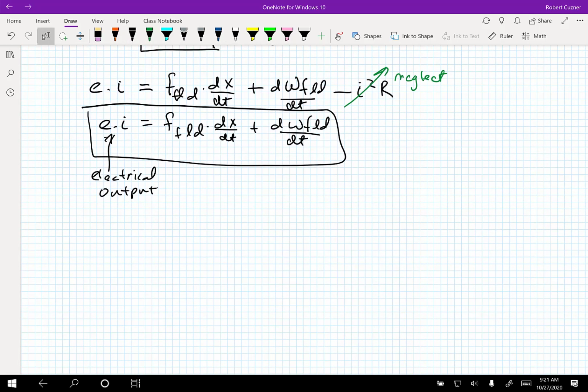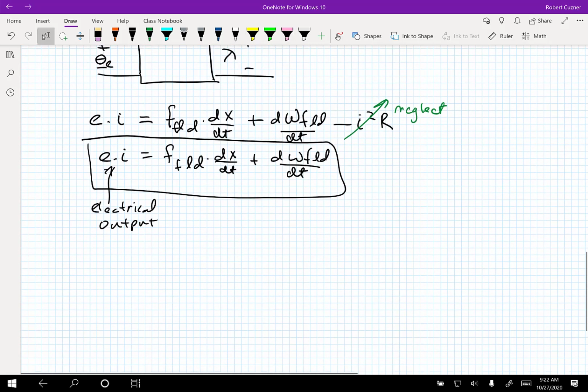So next, what we want to do is let's take a look and just consider the actuator for now.